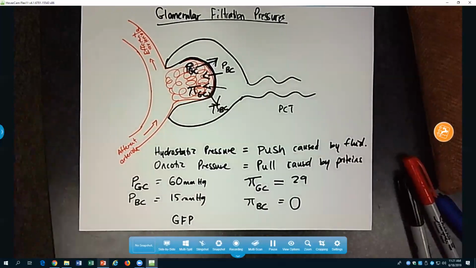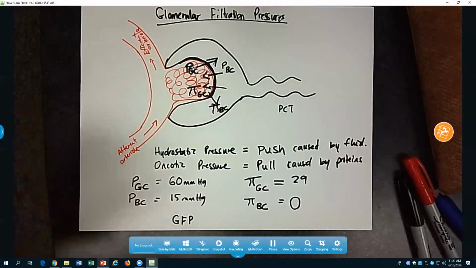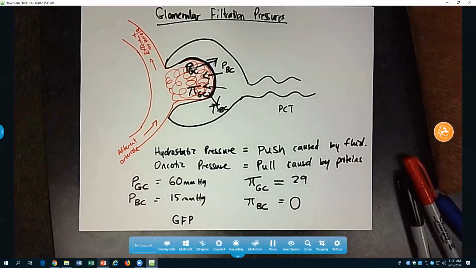So you're basically subtracting: you take the hydrostatic glomerular pressure, subtract the hydrostatic Bowman's capsule pressure, and then you take all of that and subtract the oncotic pressures.